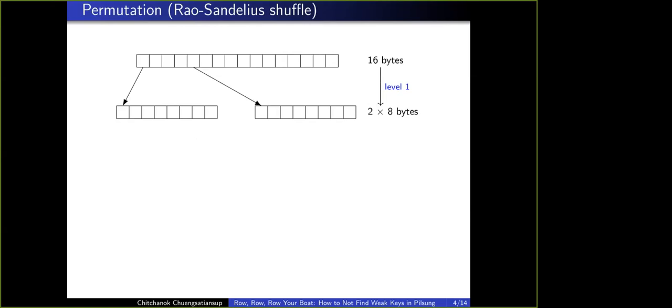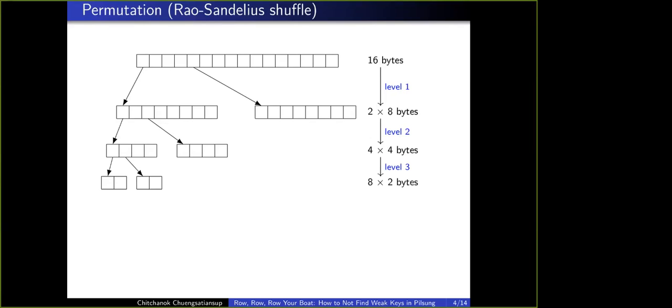At the second level, it further splits each group of 8 bytes into groups of 4 bytes, so in total we have 4 groups of 4 bytes. At level 3, it further splits each group of 4 into 2, or 8 groups of 2 bytes in total. And finally, at level 4, we have 16 groups of 1 byte. The result of the permutation is the concatenation of those 16 groups of 1 byte.